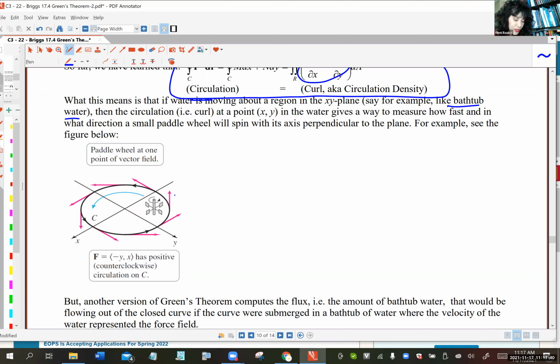And let's say you stick a cute little paddle wheel in your jacuzzi. It's a special paddle wheel. It's got a little vertical axle and it's got a little axis. And then it's got these little paddles that are vertical. And when you figure out one of these circulation line integrals or use greens to get it, the answer you get is measuring how fast and in what direction the paddle wheel is spinning.